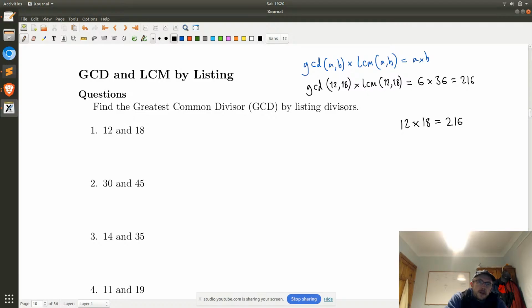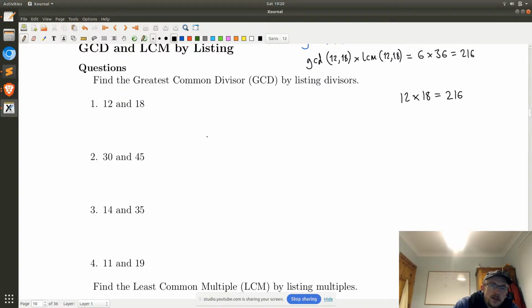So now to find the greatest common divisor for these pairs of numbers by listing the divisors. Okay, so for 12, we have 1, 2, 3, 4, 6, and 12.